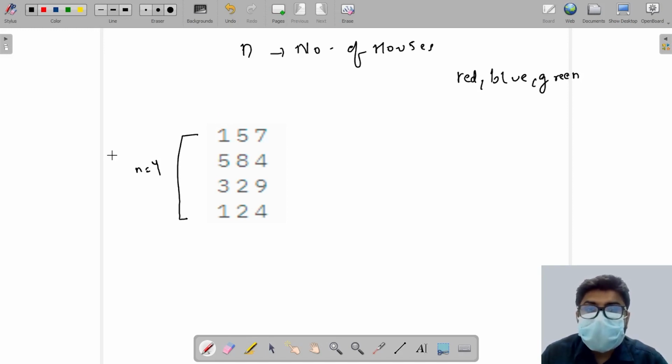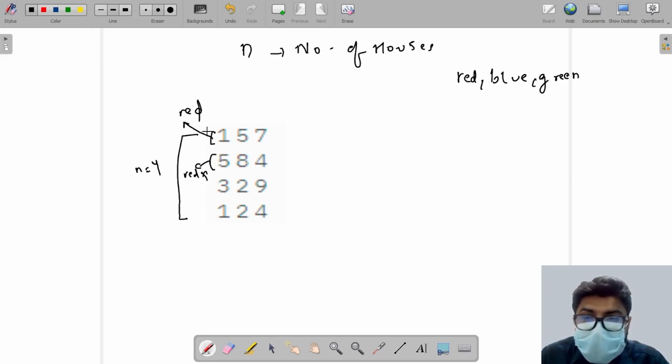But we cannot paint any 2 consecutive houses with the same color. If I paint the first house red, I cannot paint the second house red. This is not allowed.